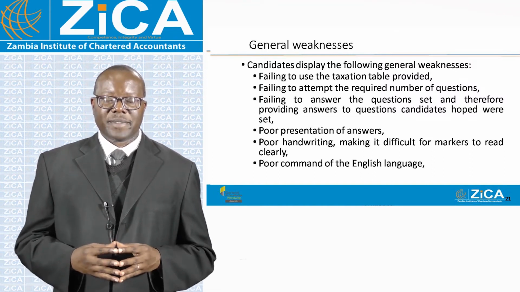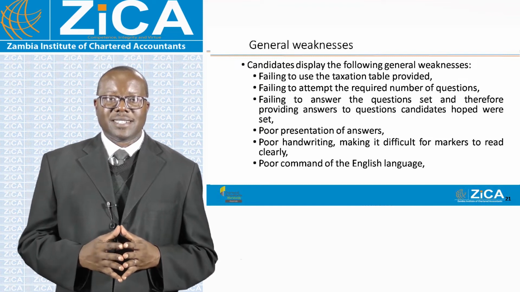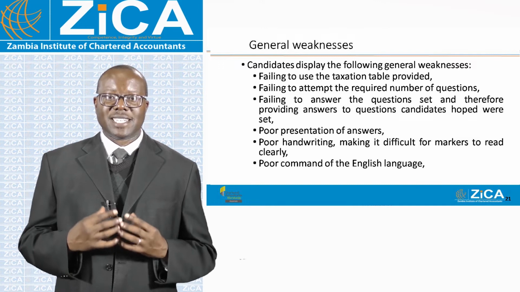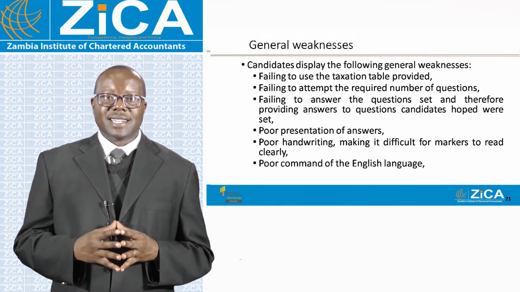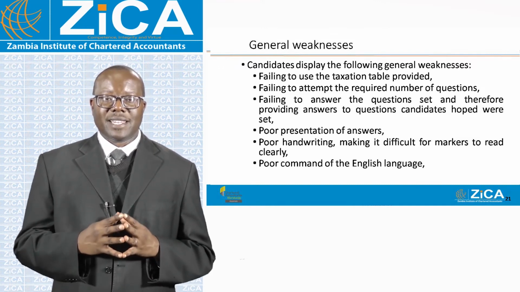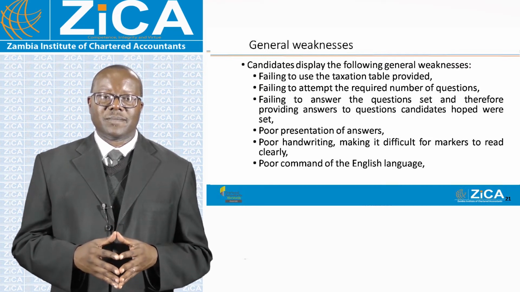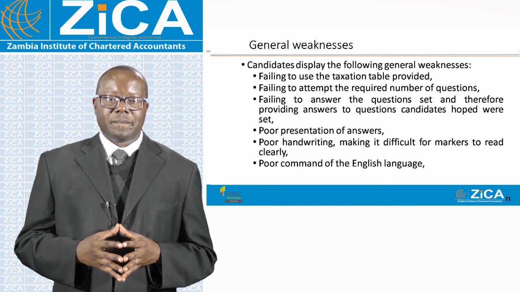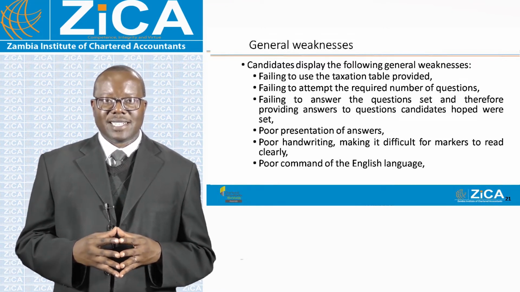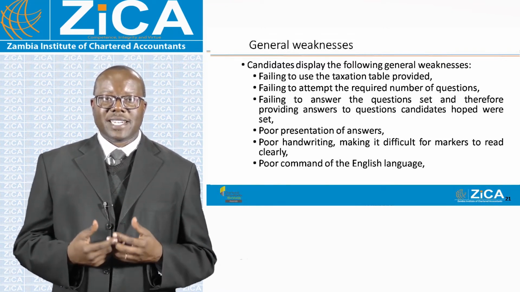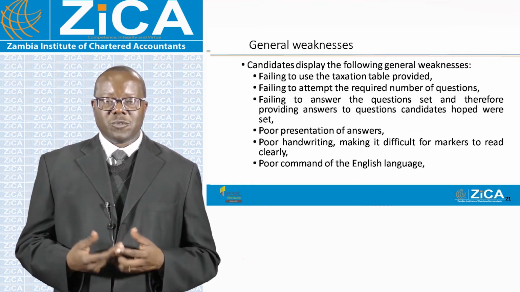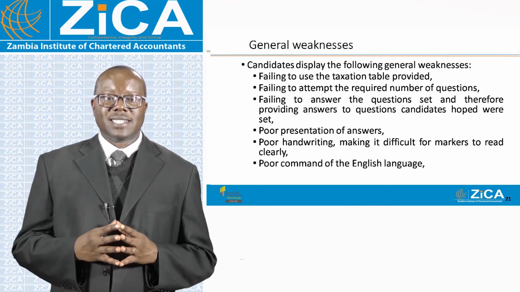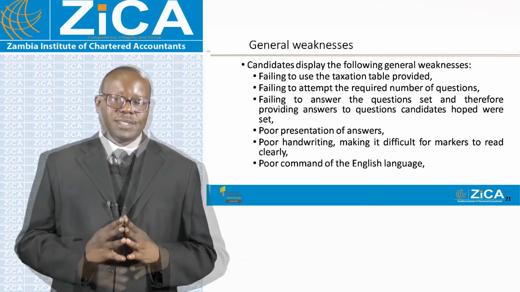Candidates should practice writing down answers to questions within a period of 3 hours so that in the exam, the handwriting is maintained as they attempt the questions. Number 6, poor command of the English language. This is where candidates provide explanations which are ambiguous, making it difficult for markers to award the marks.